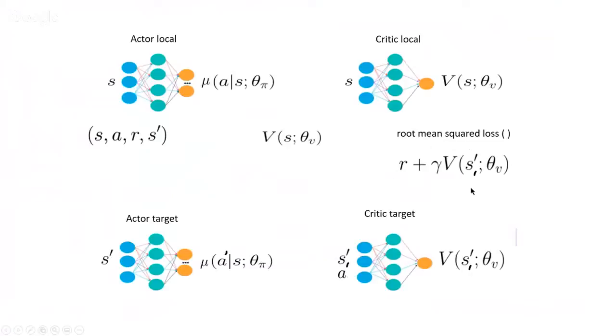By now you should know the equation for TD target, and then you use this action and state, input it to your critic local, compute action value given state S and action A.